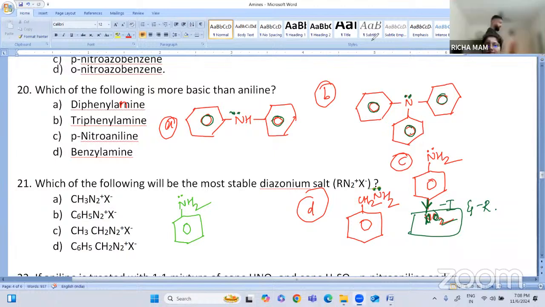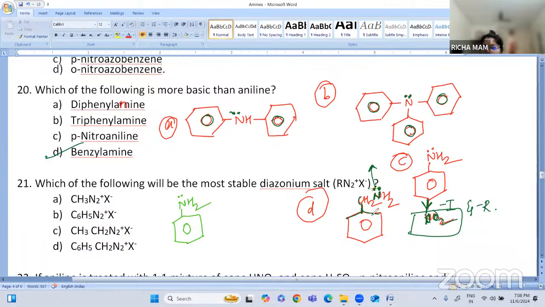There is no benzene ring directly attached. Your NH2 group is not directly attached to the benzene ring, so these electrons are freely available for donating. Because the nitrogen is not directly attached to the benzene ring, it is more basic than aniline.